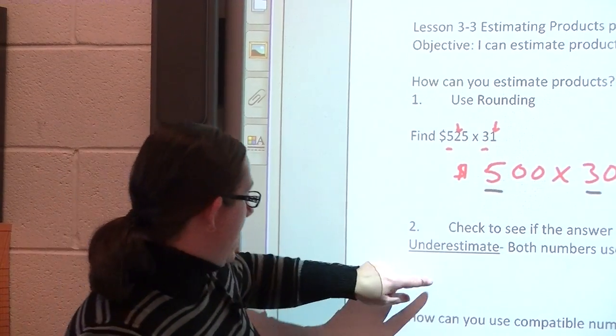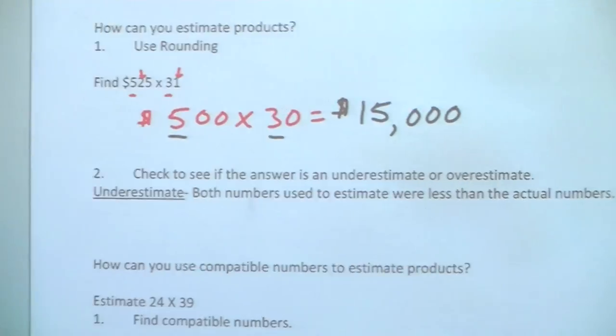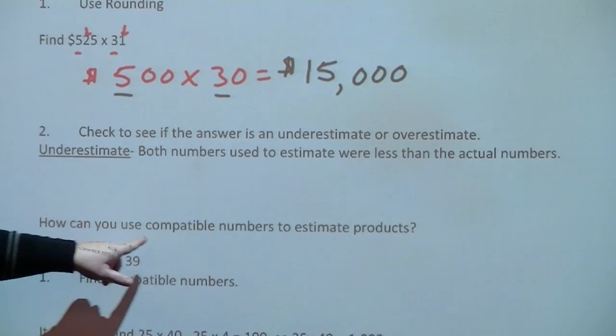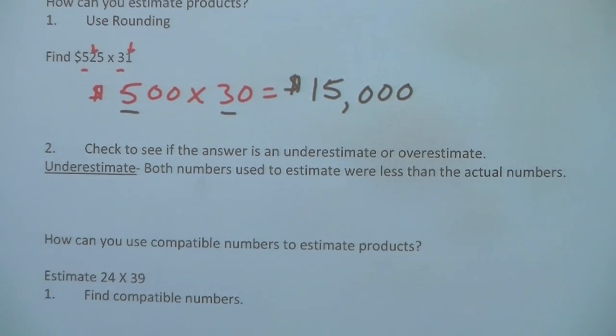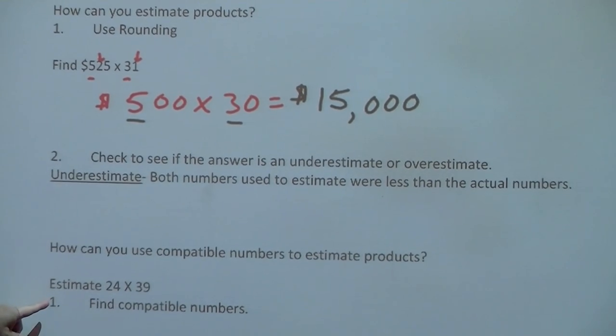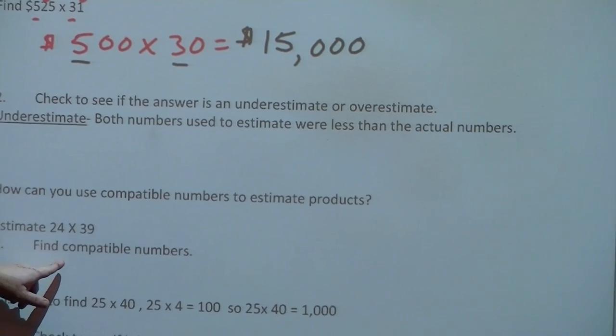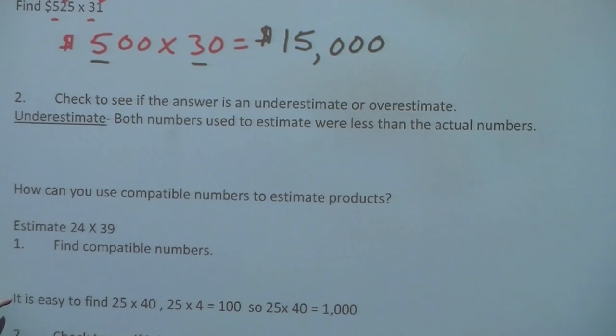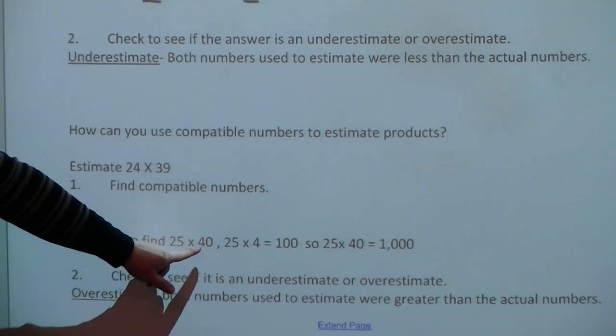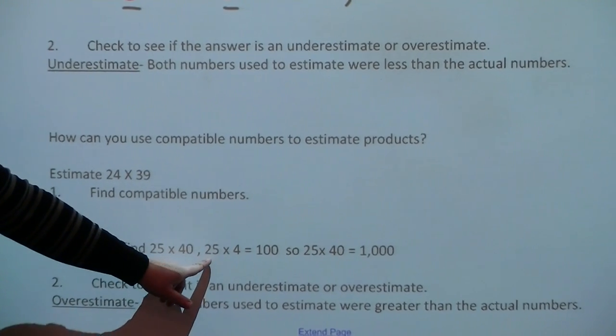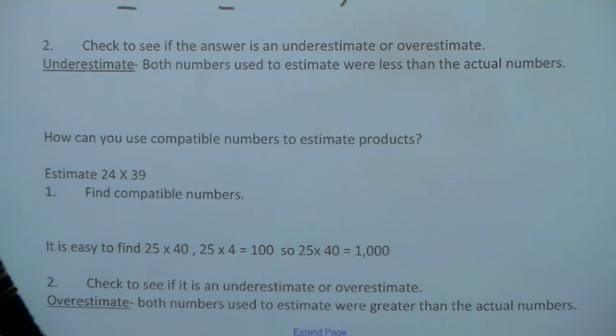Okay, now let's go ahead and go to our notes here. Okay, it says how can you use compatible numbers to estimate the products? We just read through on the textbook. It says find 24 times 39. And our first step would be to find the compatible numbers. So it's easy to find 25 times 40 because we know 25 times 4 equals 100.